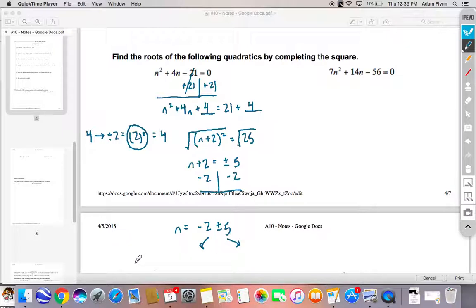So we've got n equals negative 2 plus 5. We've got n equals negative 2 minus 5. So if we simplify these, n equals 3, and it also equals negative 7. So that would be our solution.